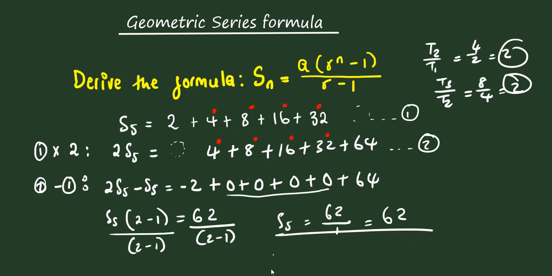So the same thing we're going to apply on a general geometric sequence. The first term of a geometric sequence is a. Now remember that there is r here. We multiply by the constant ratio, so the second term will be ar. Then we multiply by the constant ratio, so the third term will be ar squared.